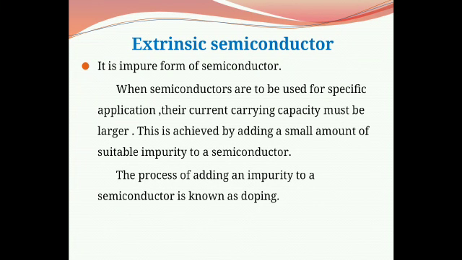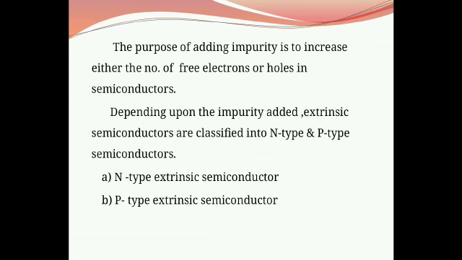If a pentavalent impurity, that means having 5 valence electrons in its outermost orbit, is added to a semiconductor, then a large number of free electrons are produced. On the other hand, addition of a trivalent impurity, that means having 3 valence electrons, creates a large number of holes in the semiconductor, and depending upon the type of impurity added, extrinsic semiconductors are classified into N-type and P-type semiconductors.